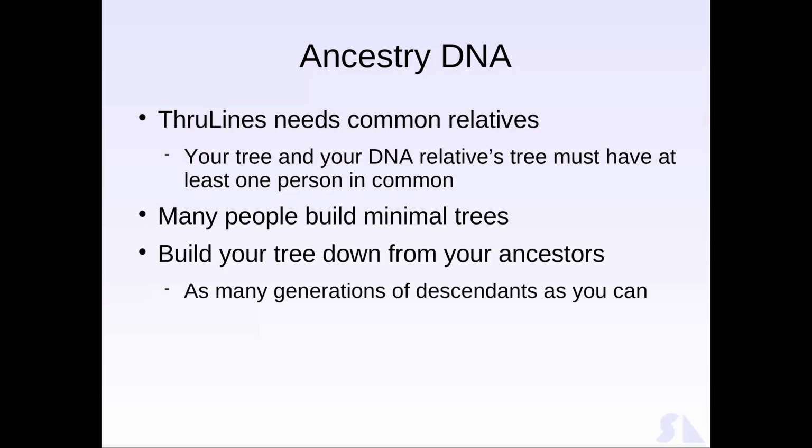I generally try to come down into the people born in the 1900s, mid-1900s if possible. Of course, if you get past the census records that are available, it gets a bit more difficult. But getting to the mid-1900s, that's pretty easy. It can be a lot of work. One of my great-great-grandparent couples, I did their entire tree down to the mid-1900s.